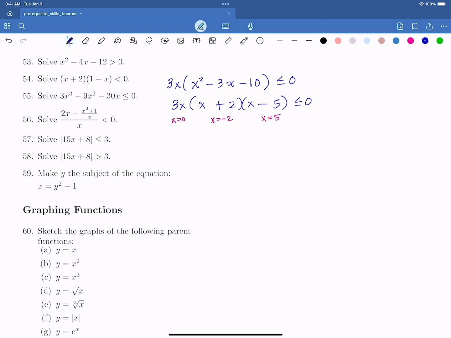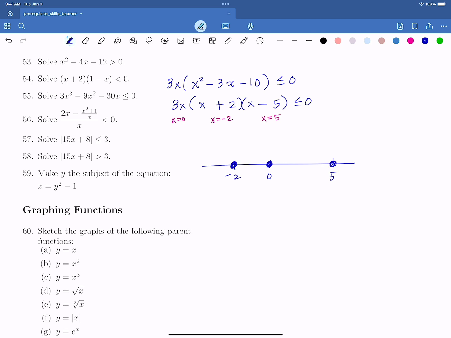I'm going to go to the number line and plot those roots: -2, 0, and 5. This is cubic, not quadratic, so the graph doesn't look like a parabola. I have to be a little bit careful here. Less than or equal to 0 means these are going to be solutions this time, so closed circles.